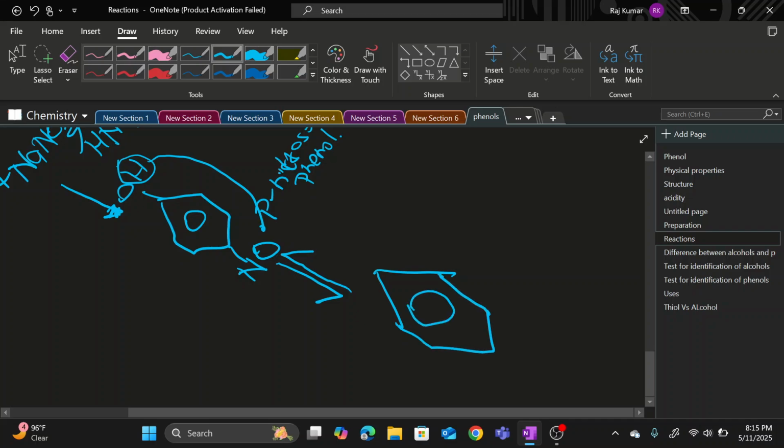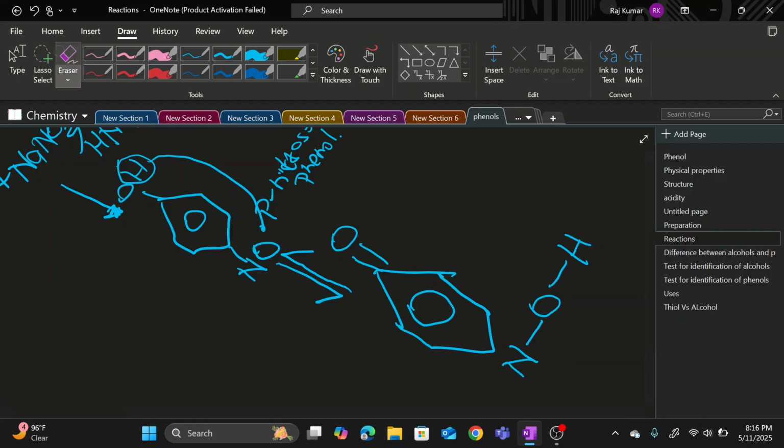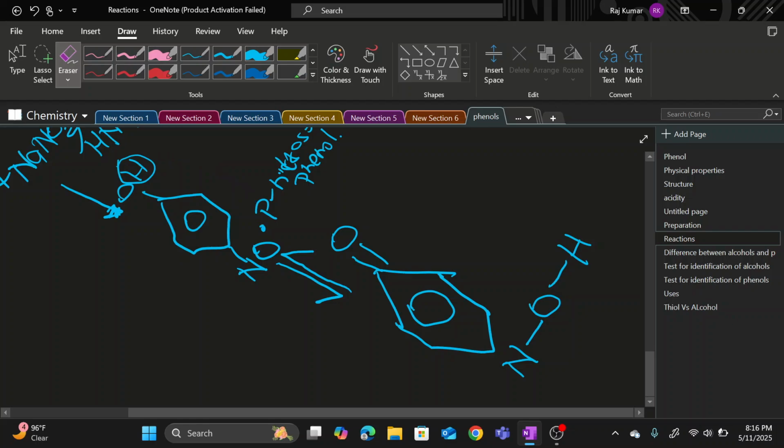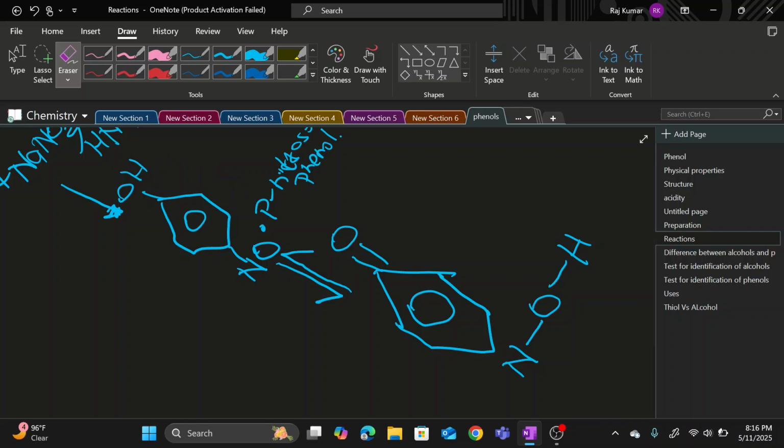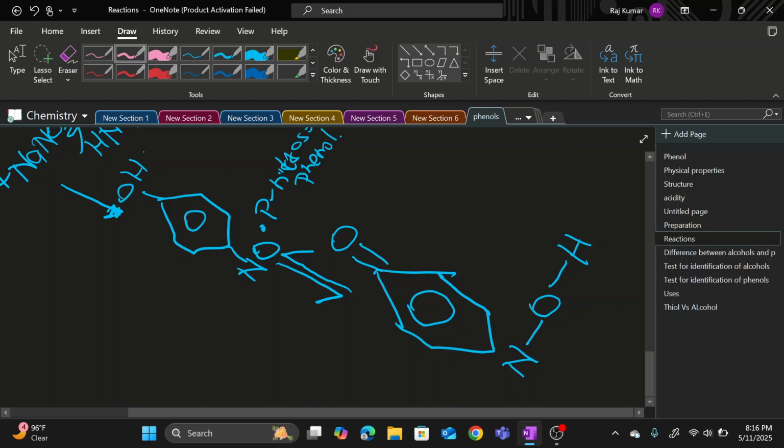Oxygen will form a double bond here, and nitrogen will attach with OH. Let me draw it pretty clearly so that it becomes easy to understand. See, this is the hydrogen which goes here, right? And this is a double bond actually.